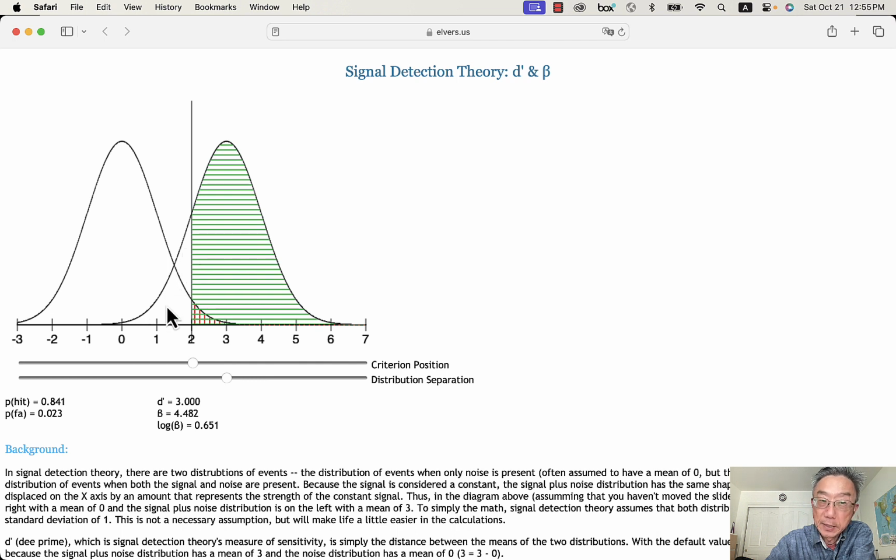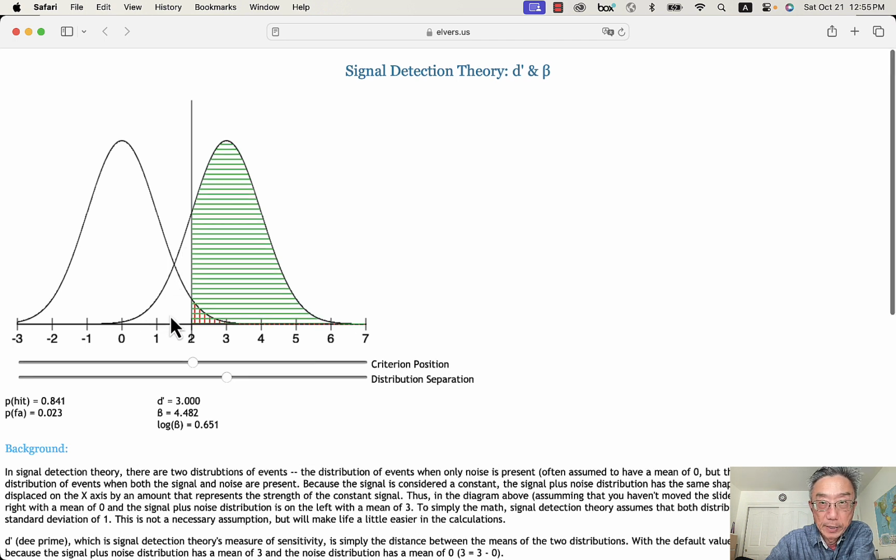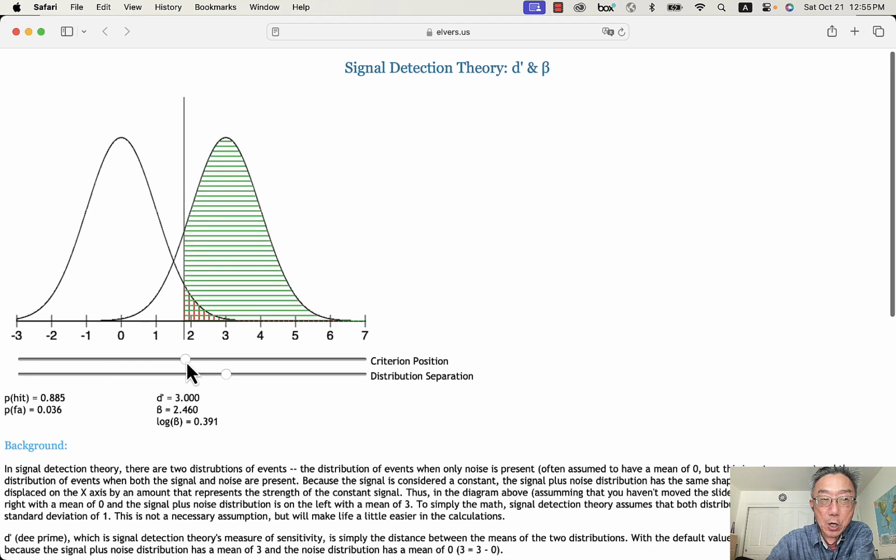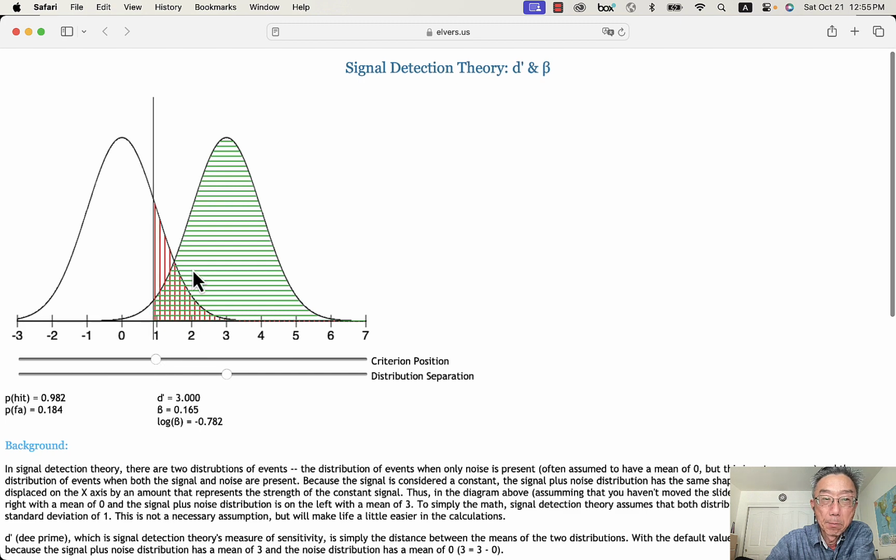This part is beta. That's the probability of making a type 2 error. Right? So if we use a more lenient test, then power gets higher. It's a more powerful test. But the problem is that at the same time, the probability of making a type 1 error also increases. So the probabilities of type 1 error and type 2 error always go in opposite directions.